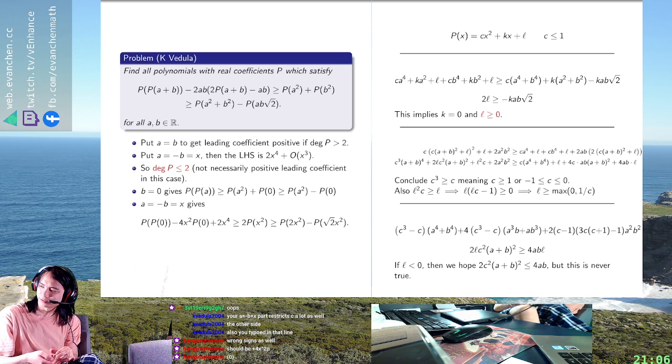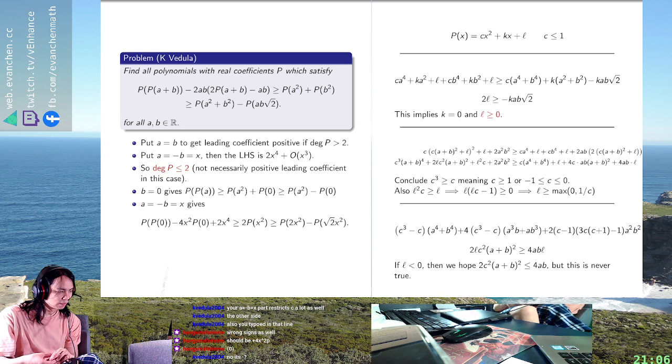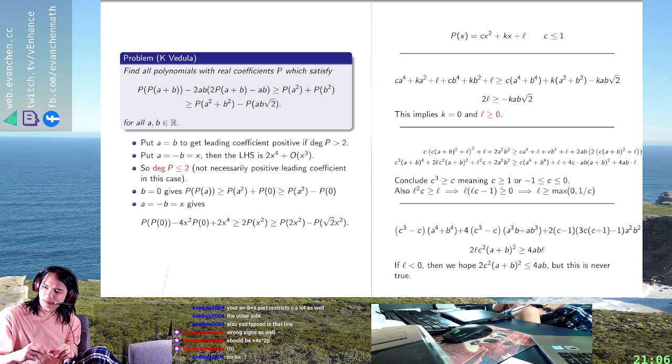If it's really the case that C is allowed to be... I think it's minus. Is it plus? Am I crazy? Oh, it is plus! Ah!